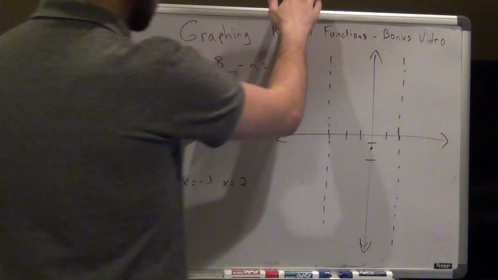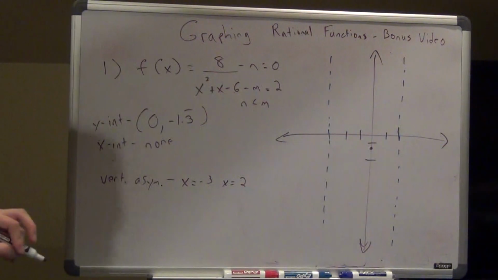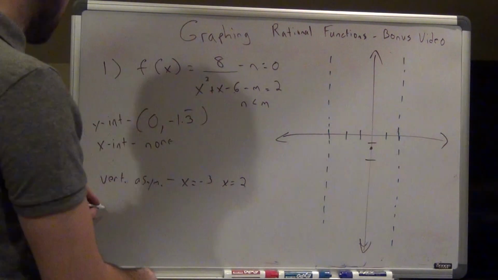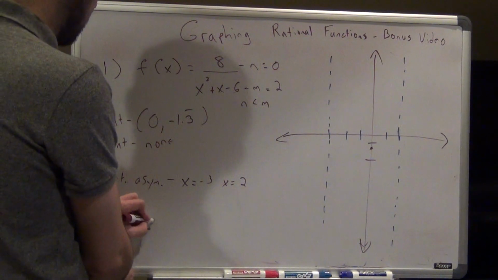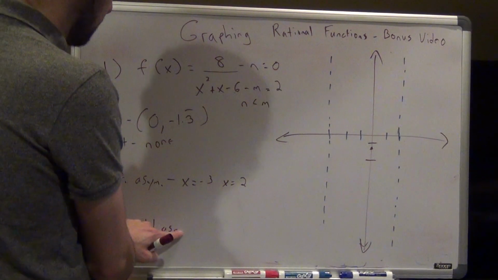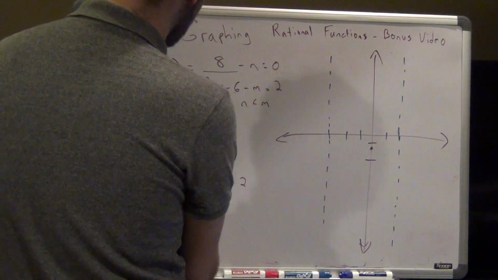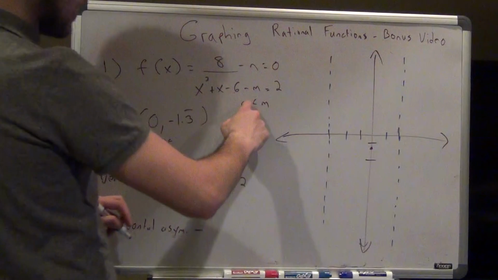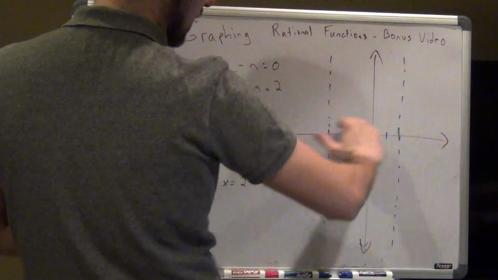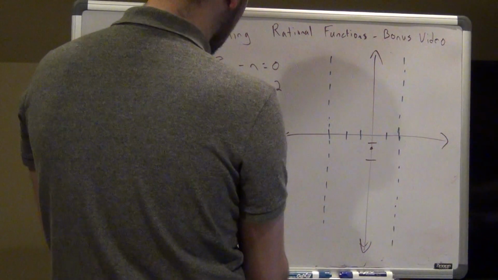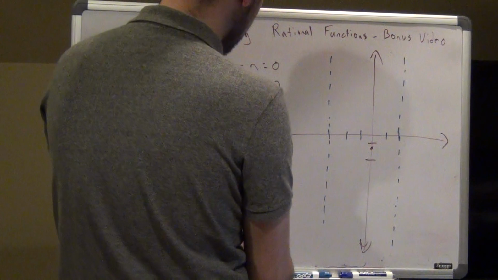Well, that means that n is less than m. If you look all the way back to the original notes, where it says n is less than m, it means that your horizontal asymptote is just going to be, if n is less than m, so the top is less than the bottom, then your horizontal asymptote is just y equals 0, or what I also refer to in the homework answers as the x-axis.